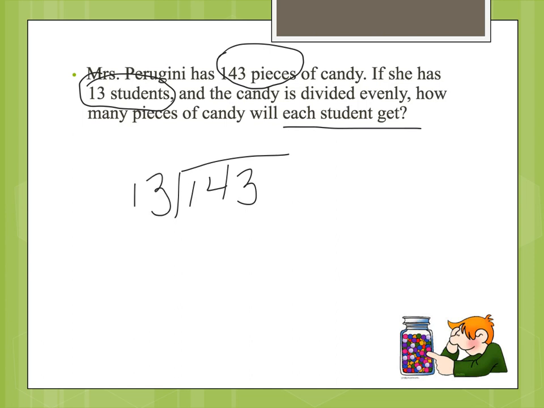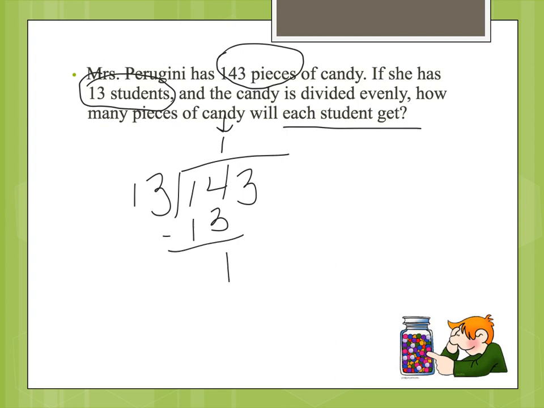I have 143 divided by 13. I know that 13 can't divide into 1, so my quotient's going to have to start here in the tens place. 13 divides into 14 one time. 1 times 13 is 13.